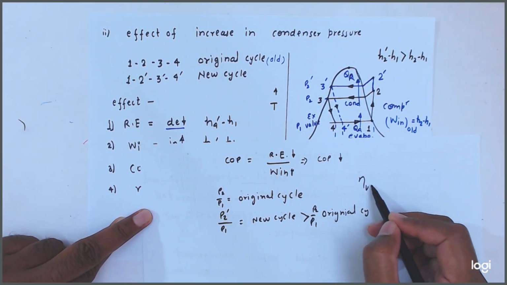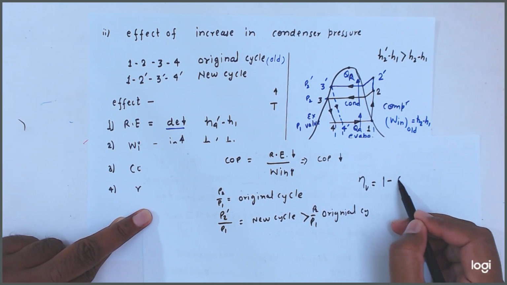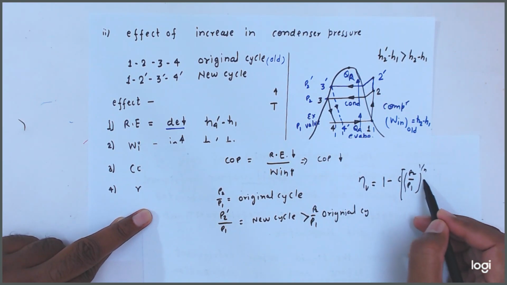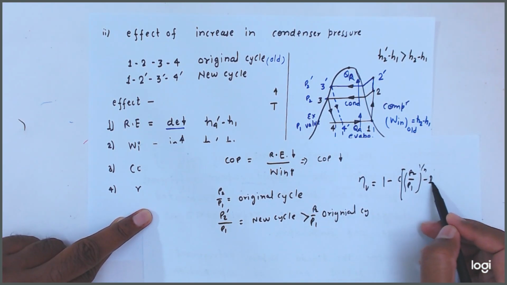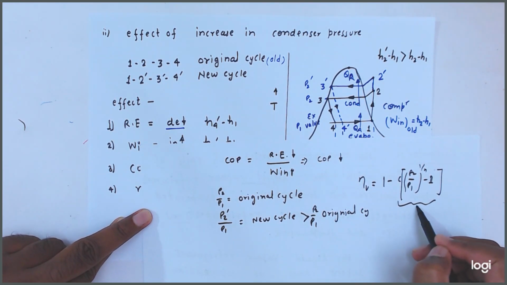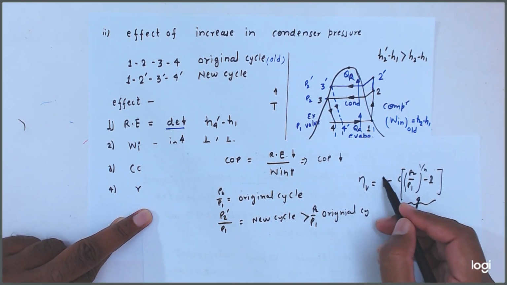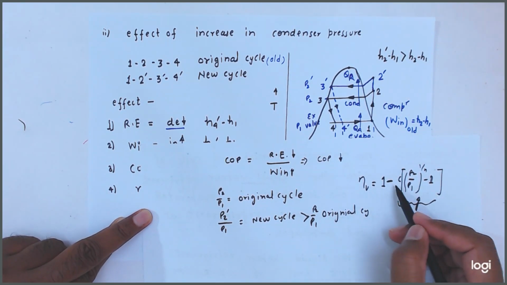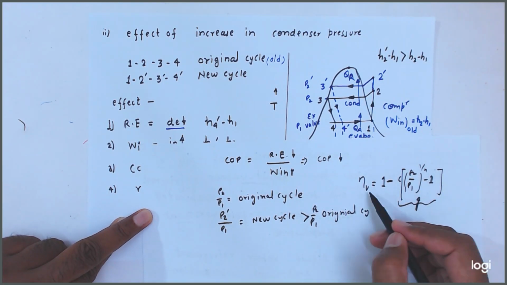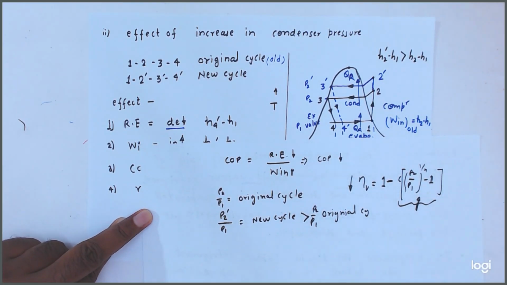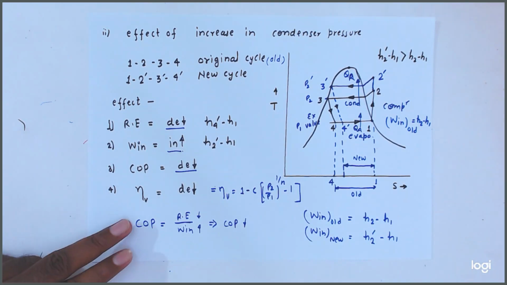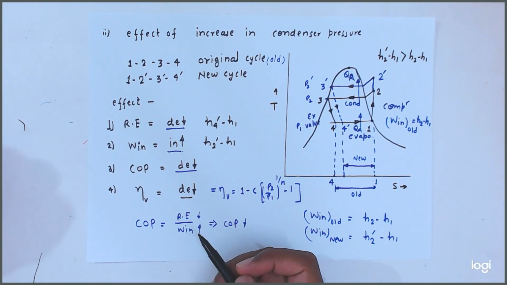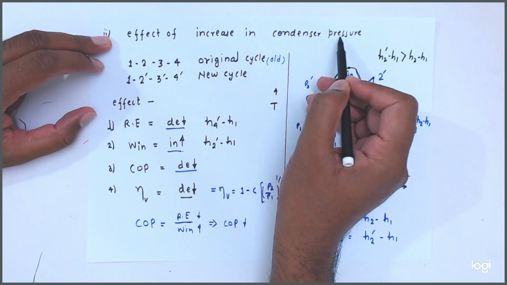And we know that volumetric efficiency is equal to 1 minus C times (P2 upon P1) to the power 1 by N, minus 1. Okay, so this whole term will increase. So what happened? 1 minus this term is there, so if this value increases, then this efficiency will decrease. Okay, so this volumetric efficiency will decrease. Getting friends? So that is the effect of increase in condenser pressure.